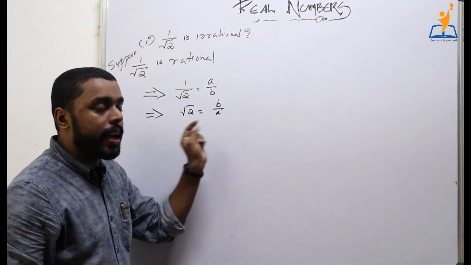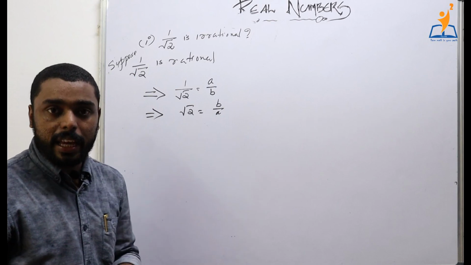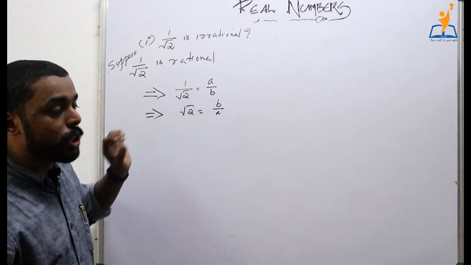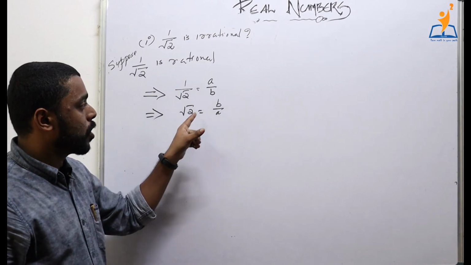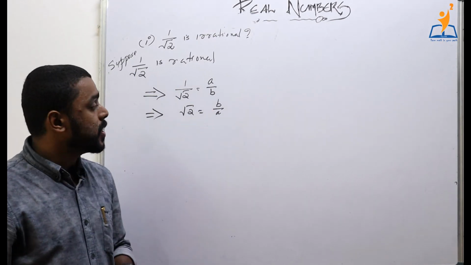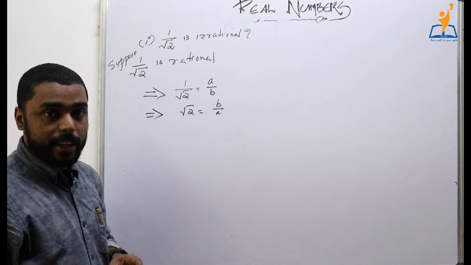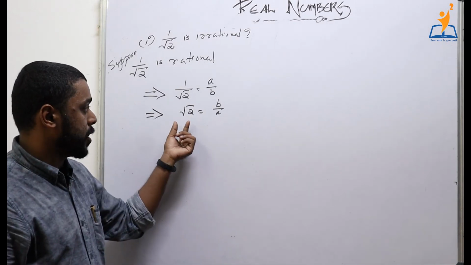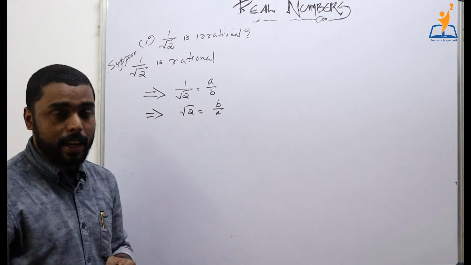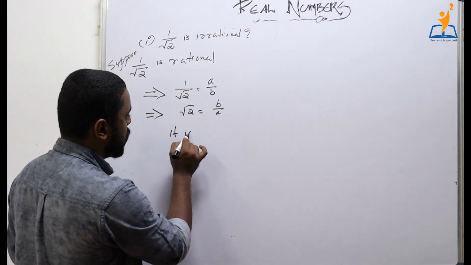Now b and a are integers. b by a will be a rational number, but root 2 is irrational by our previous proof. So root 2 equal to b by a is not a valid relation, since LHS is not a rational number whereas RHS is a rational number. Hence, it is a contradiction.